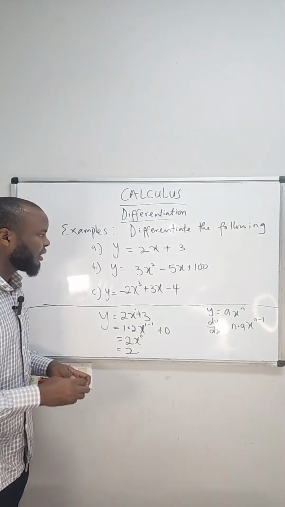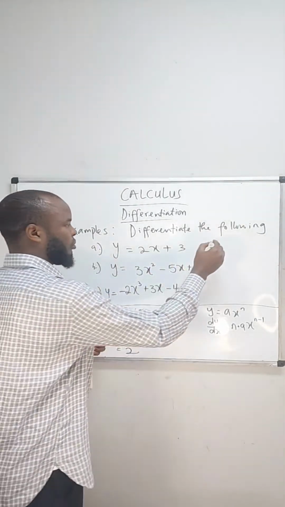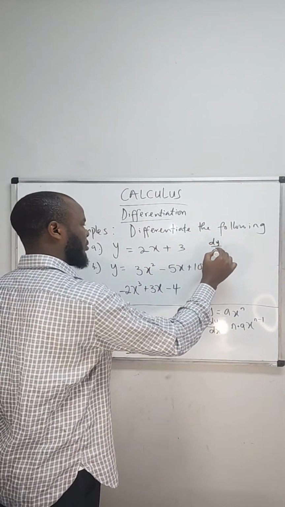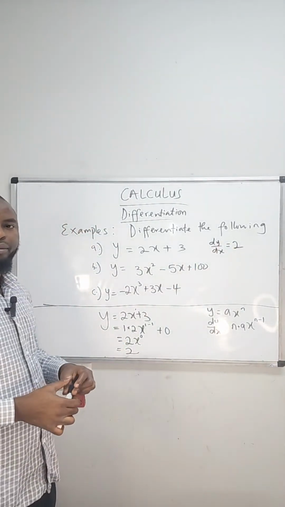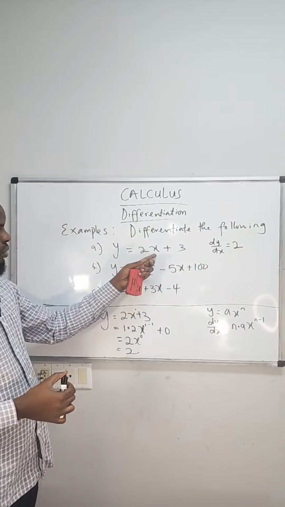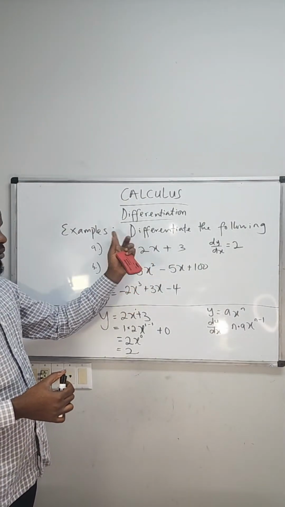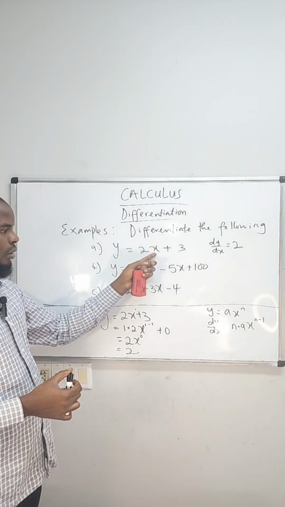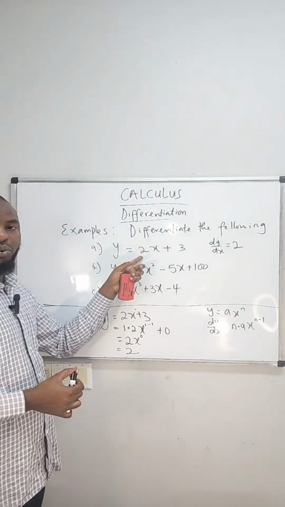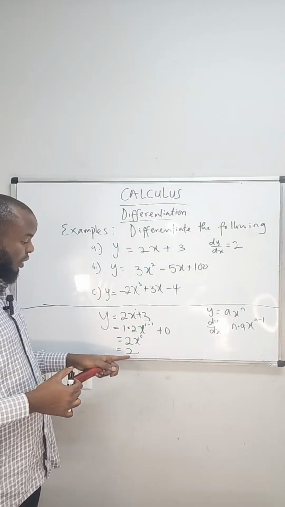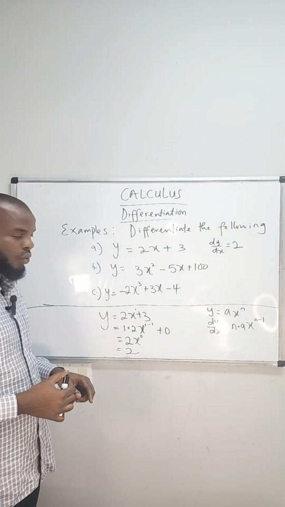If you differentiate this, your first derivative is going to be 2. The derivative of the constant 3 is always 0. So this is the first one.